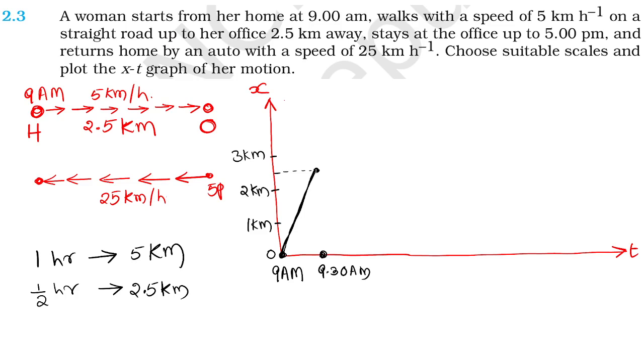So at 9:30 a.m., she will cover 2.5 kilometers, meaning that she has reached office at 9:30 a.m. Okay. Till this step, all of you clear? Raj, Aaron, Aryan, Fadil, Devasri, are you okay?